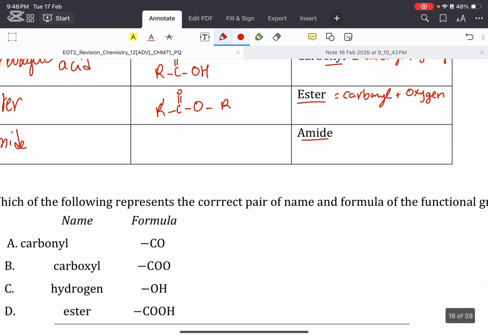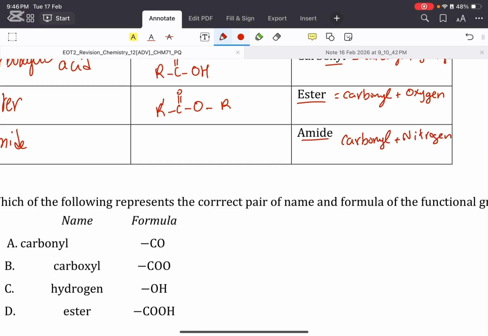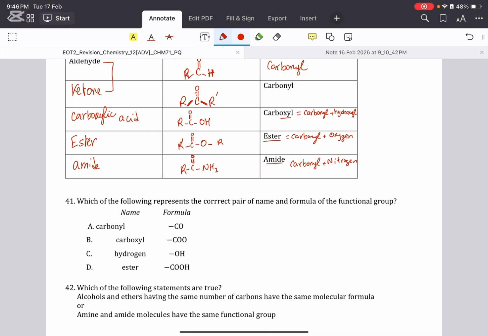Amide, I have a carbonyl and a nitrogen atom after. So I have a carbonyl followed by a nitrogen atom. Now this nitrogen atom could have hydrogens or it could be bonded to carbon chains. Same thing here, it could be bonded to carbon chains.